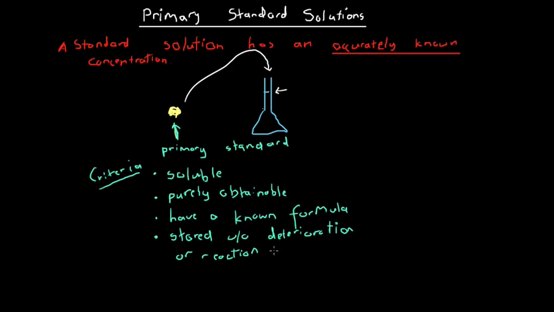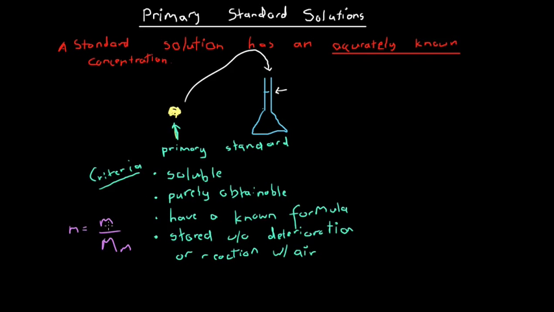When we're calculating the concentration of a solution, we use the formula C equals n over V. What we're looking at is the number of mole. When we're calculating the number of mole of a substance, we use n equals m over molar mass. If we have something that's purely obtainable, we're making sure that when we figure out the mass of the substance that we're about to dissolve, we know the mass exactly.